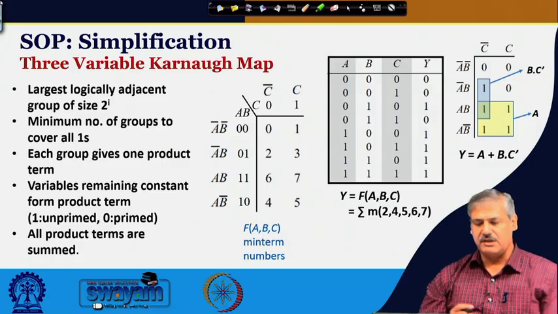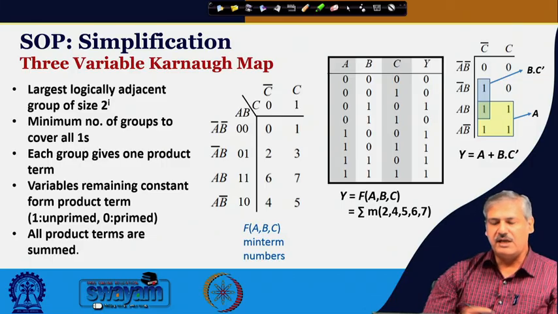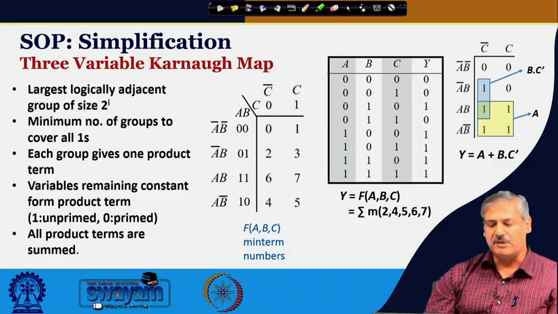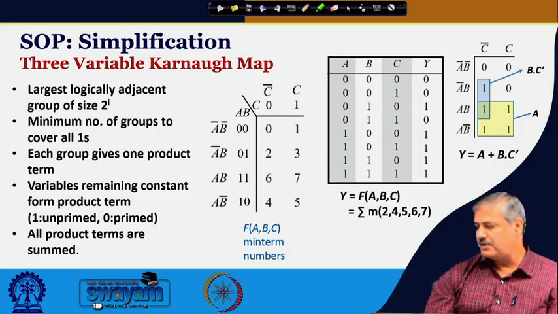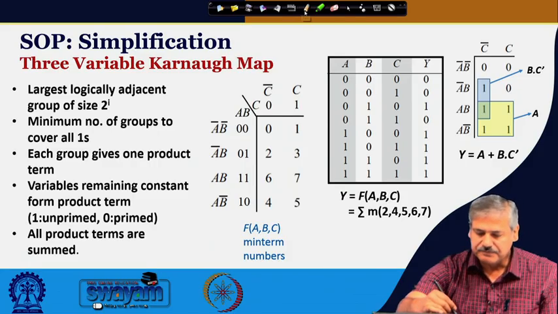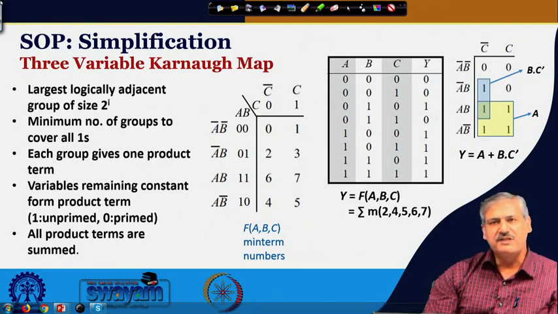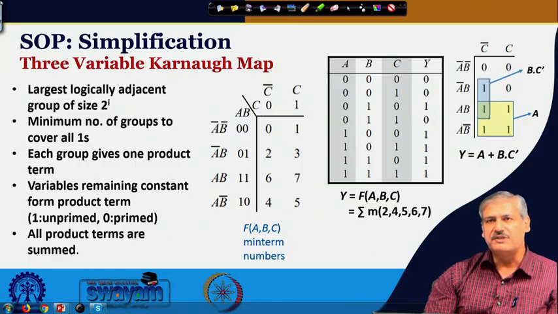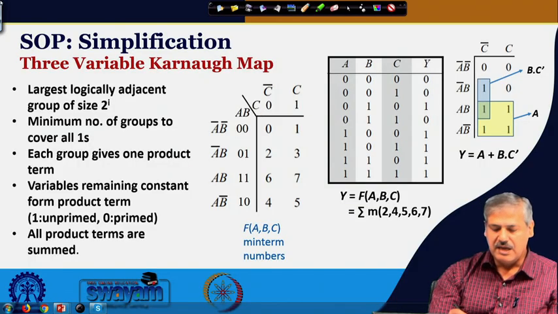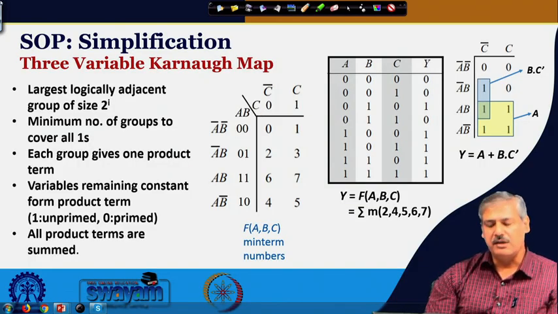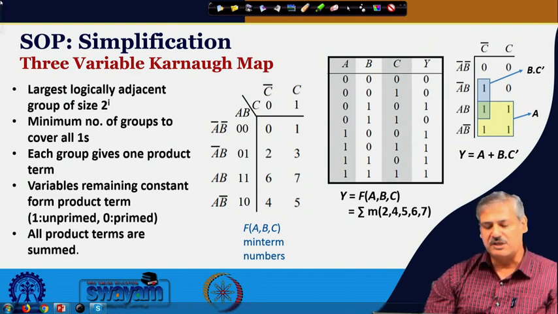Taking forward this discussion, for that we look first at a 3 variable representation of the Karnaugh map. For the 3 variable Karnaugh map, we have 3 variables a, b, c. On one side we have c at 0 and 1, which is similar to what we had seen before, and on this side we have a b, with 4 possibilities: 0 0, 0 1, 1 1 and 1 0.